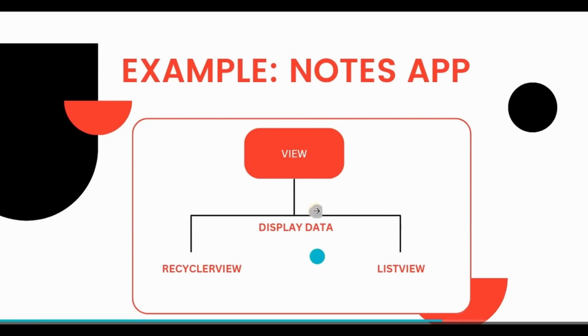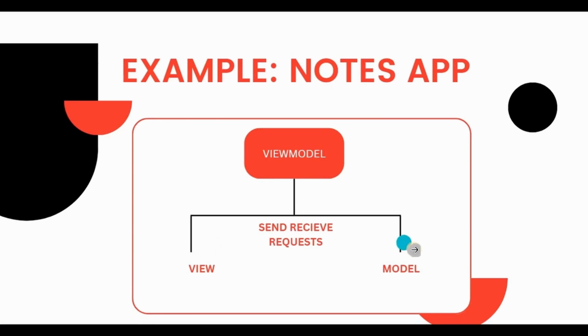And RecyclerView or ListView that displays the notes as UI, that is basically a view. And then comes the ViewModel, which acts as a mediator between them to send and receive requests. Requests as in read the data, write the data, update the data or delete the data.